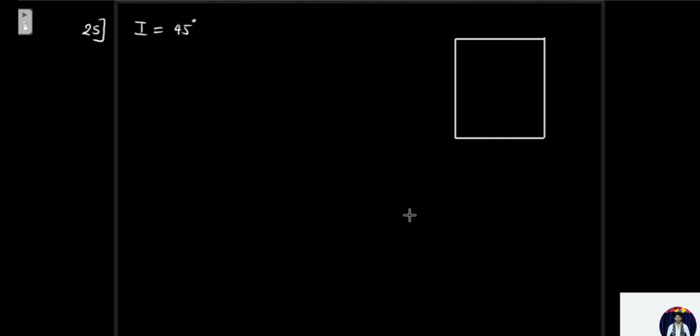So the true value of dip, I, is given to us as 45 degrees. Basically the plane of the dip circle is turned through 60 degrees. So it is something like this, we can imagine. This was the true magnetic meridian, let's say, and now it is turned through 60 degrees.